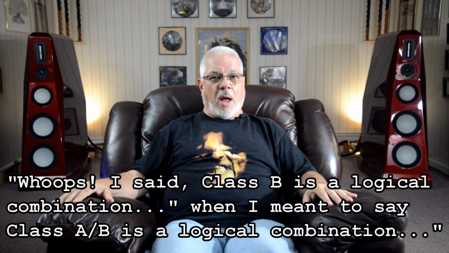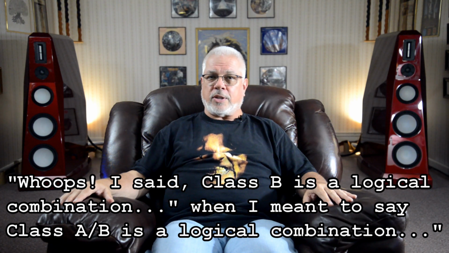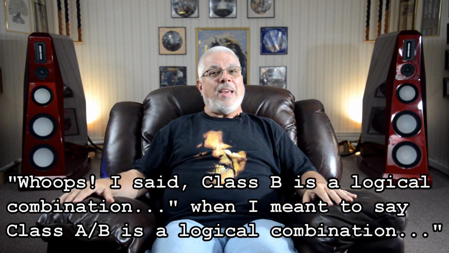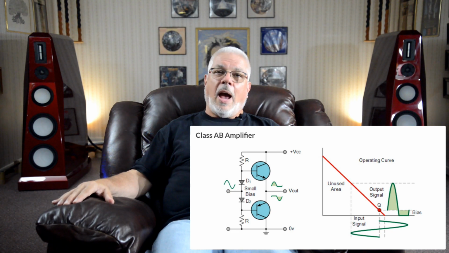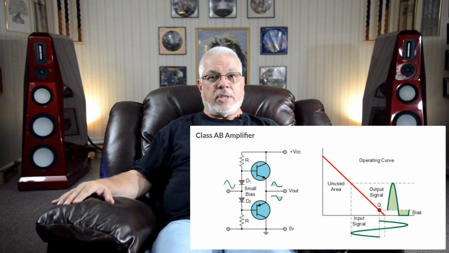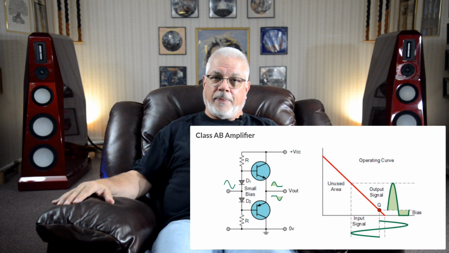Now, armed with what we just found out about pure Class A and Class B operation, Class AB is a logical combination of those two previous classes. With Class AB operation, each complement draws current during the entire cycle, like A. However, it is biased so that it draws considerably less current during its rest half of the cycle.